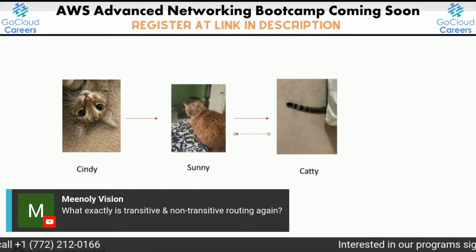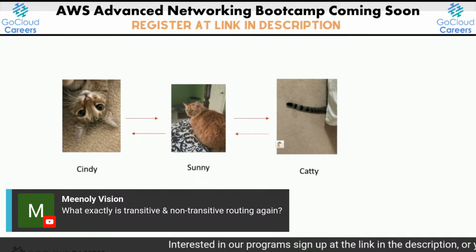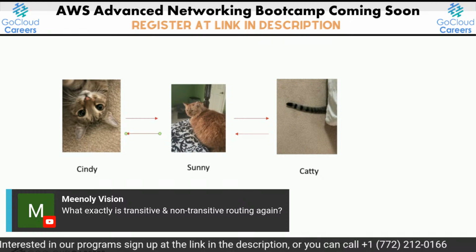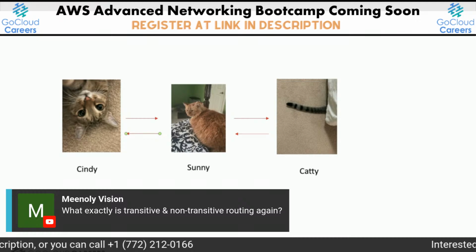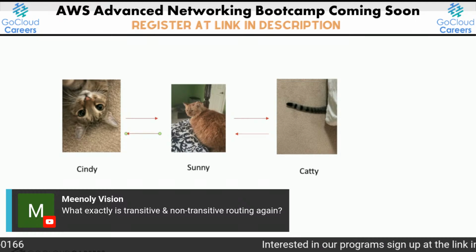And she shares the address. And then Caddy comes and visits Cindy at the house. So now we've got transitive routing. This is transitive routing because now Cindy, Caddy, and Sunny all know how to talk to each other and reach each other through Sunny the cat. Now here's non-transitive routing.